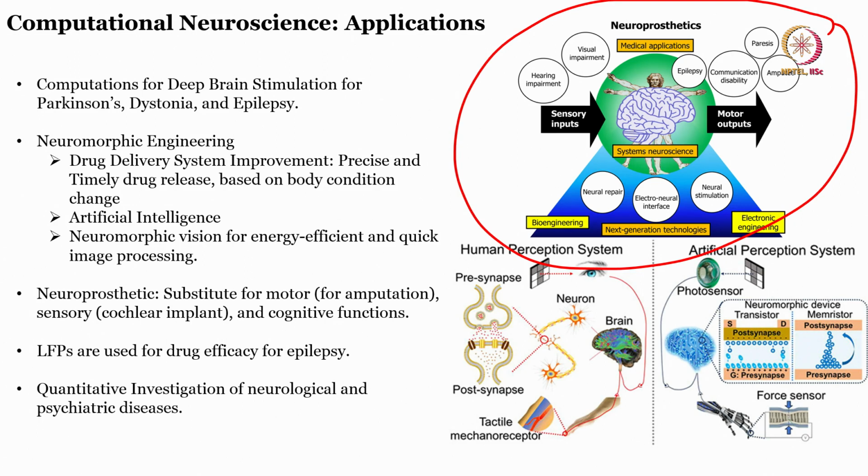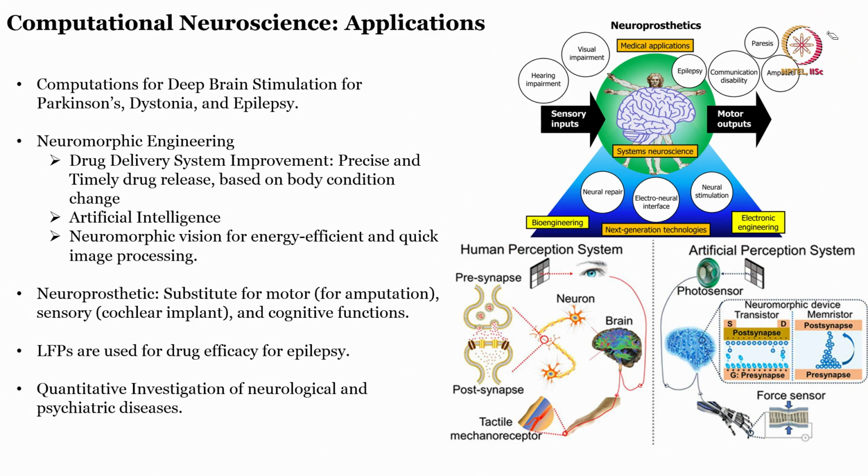From bioengineering to electronic engineering, everything comes together to form either neural repair, electro-neural interface, or neural stimulation. Either you stimulate certain areas to activate them, or you replace the area with a co-processor, or you can repair the area by using different bioengineering tools. In fact, a lot of biomaterials are also used to regenerate the nerve.